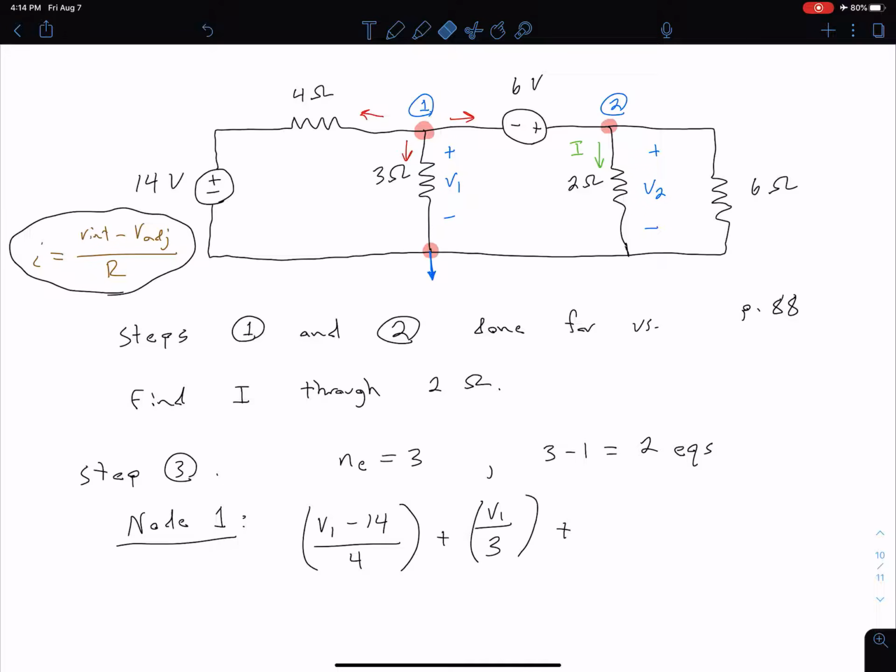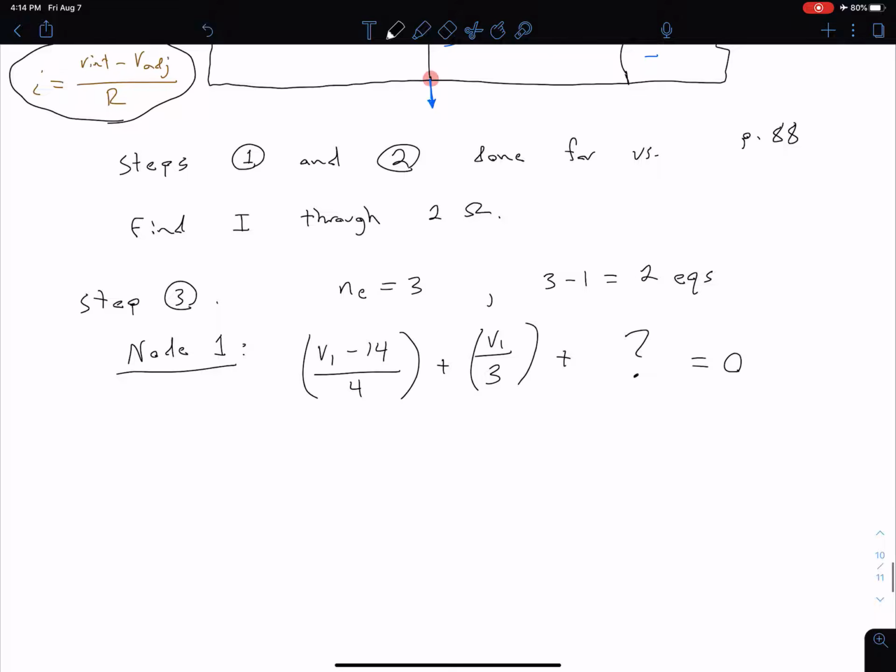So we don't really know what this current is going to be. We know ultimately that's equal to 0, but the reason is because the current in our ideal source doesn't follow Ohm's law.